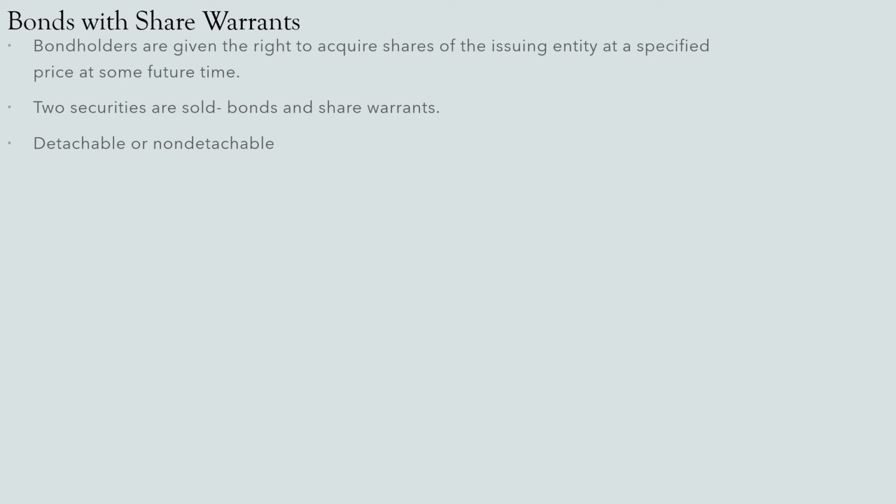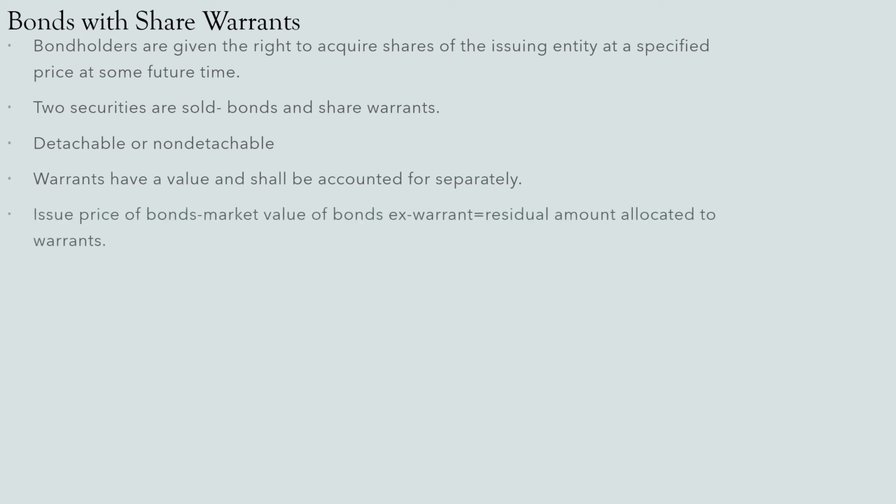Issue price of bonds minus market value of bonds ex warrant equals residual amount allocated to warrants. So, paano? You have issue price of bonds minus ex warrants. Ano ba yung ex warrant? Ibig sabihin, wala siyang kasamang share warrant. Yung liability lang talaga. Okay. Yung bonds payable equals residual, that is the equity component, yung value ng warrant mo.